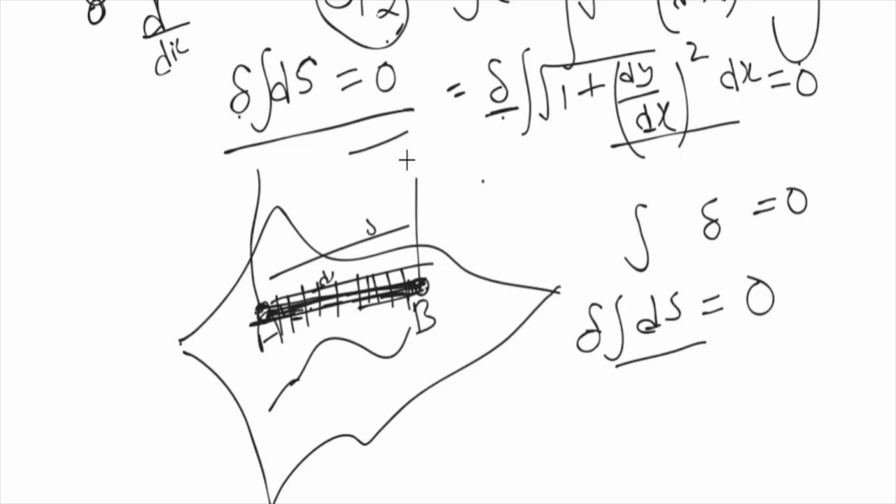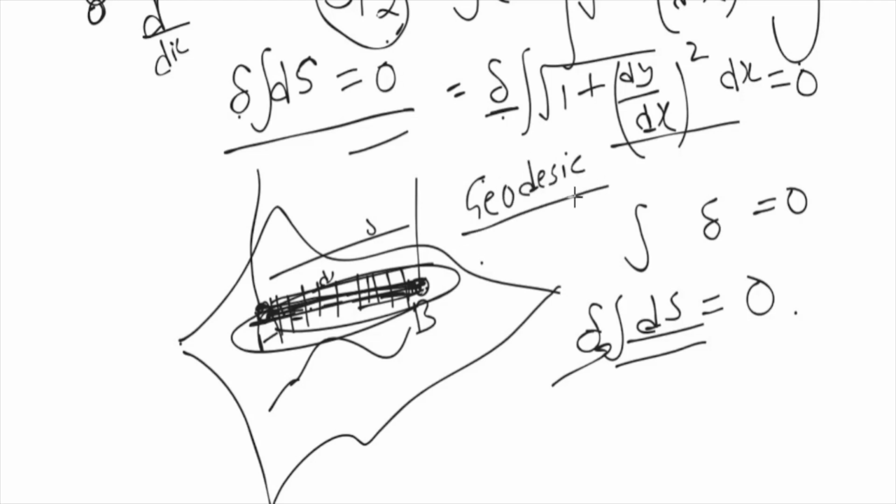So it means it will be minimum or stationary. When will it be minimum or stationary? When it is in equilibrium, and it is in equilibrium when delta of ds is equal to 0. So it means the shortest path between 2 points on the curved surface is called, as we know, a geodesic. The shortest distance between 2 points on a curved surface is called a geodesic, and a geodesic on a flat plane is a straight line.